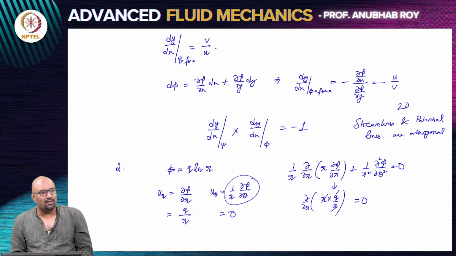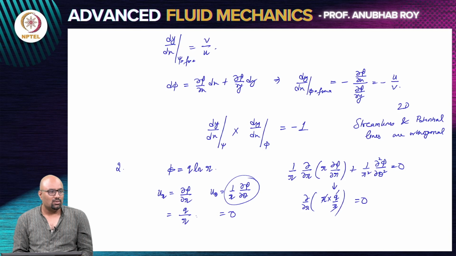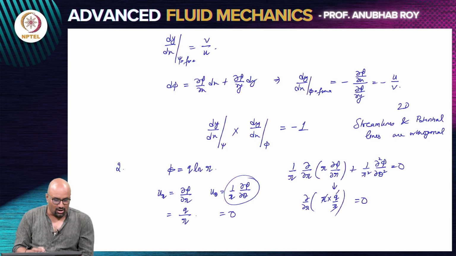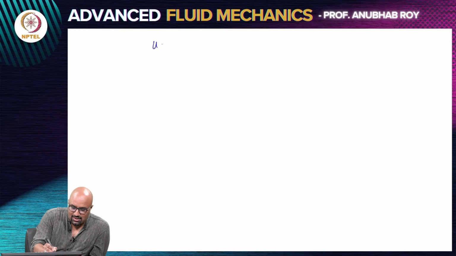This is a radial velocity that is increasing as you go towards the origin. So, you have a velocity field that is q divided by r, in the r direction.